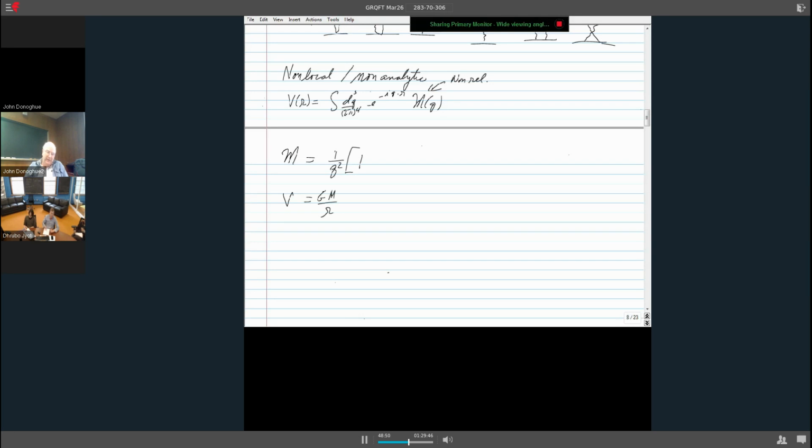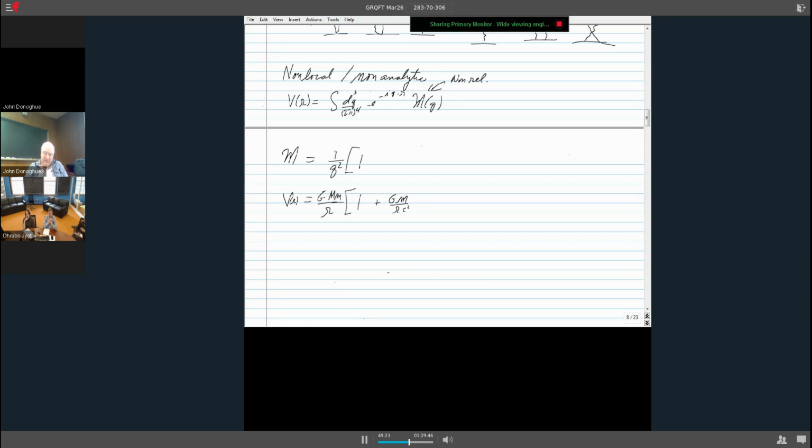I'm going to take this matrix element, Fourier transform it and give you a V of R, in the non-relativistic limit. So I'm going to look for corrections to this.